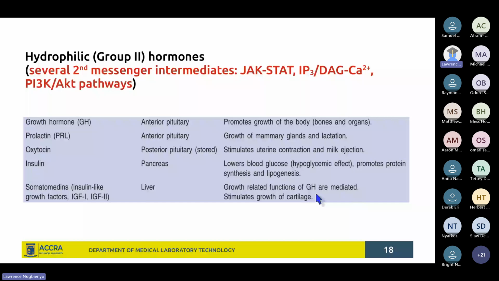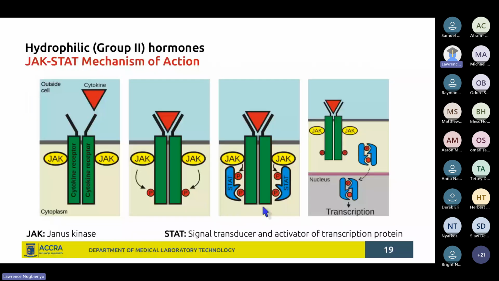Now, the Jack-Stat mechanism as the third mechanism to add to the two that we have already learned. Now we see cytokine as the ligand, the hormone, which is coming to bind onto the cytokine receptor. And the cytokine receptor is a dimer.